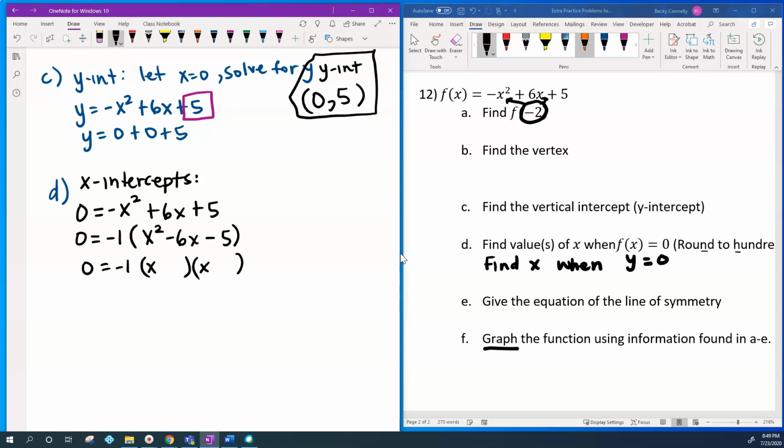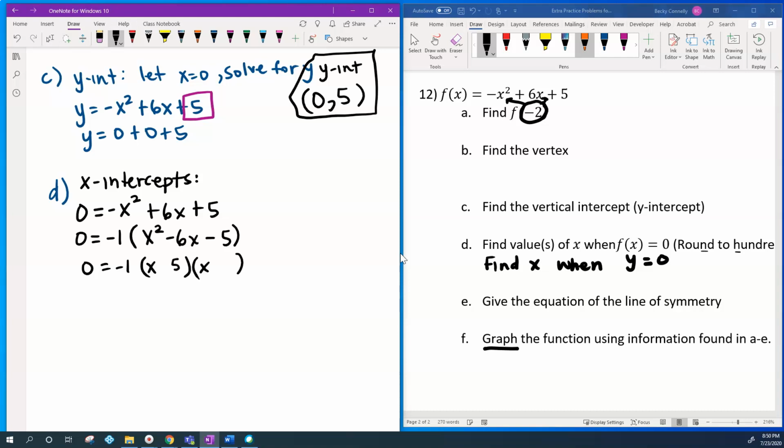What do you guys think? Does 5 and 1 work?